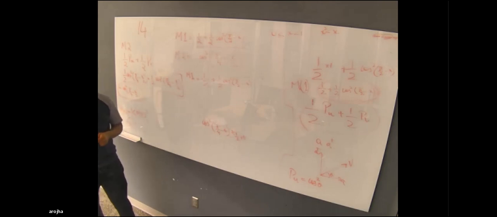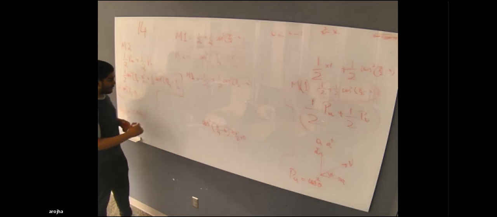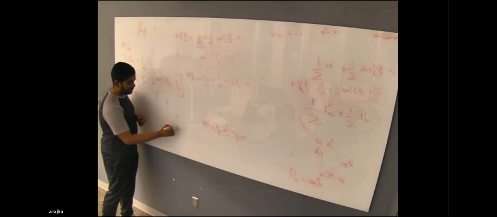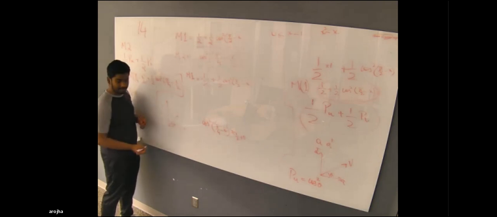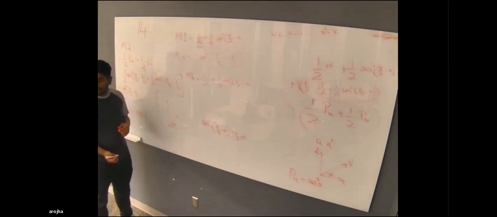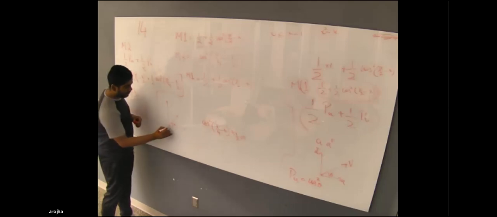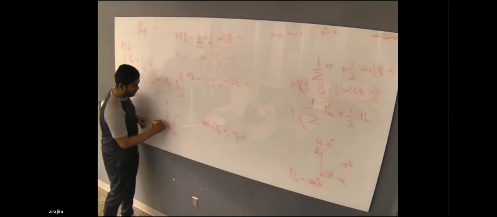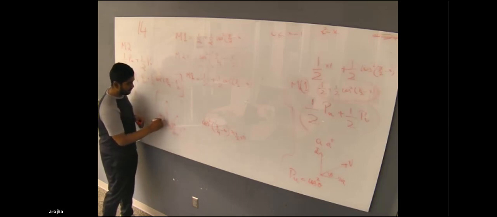You know the pi/2 was 90 degrees, right? And I have something like this, and I have this as x. So then this length would be cosine of x, this length would be sine of x.